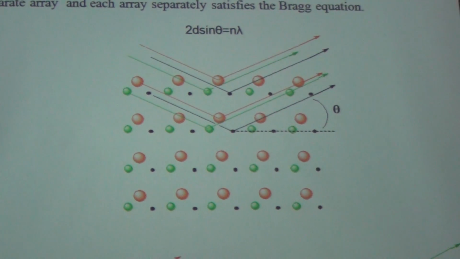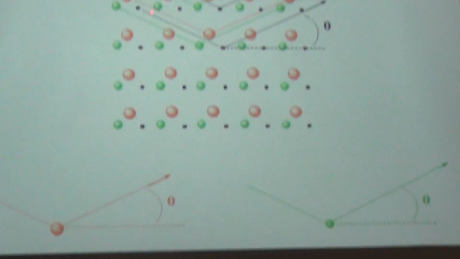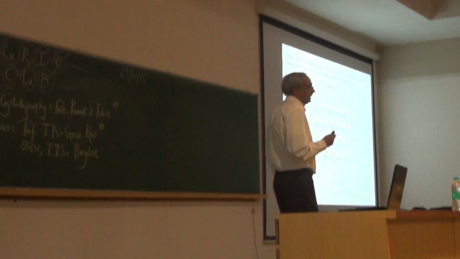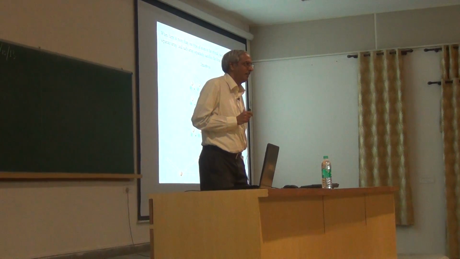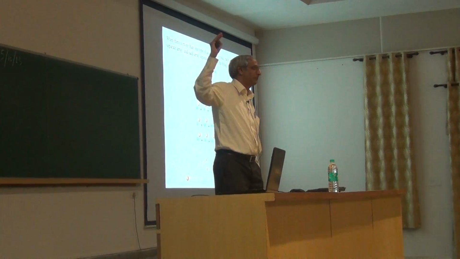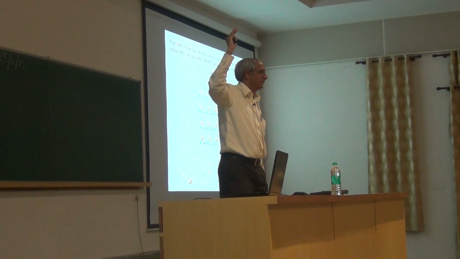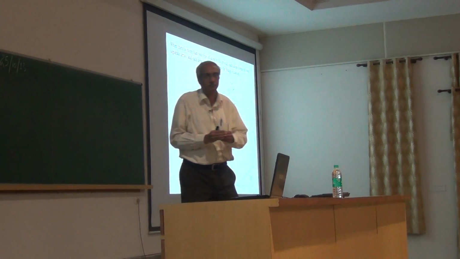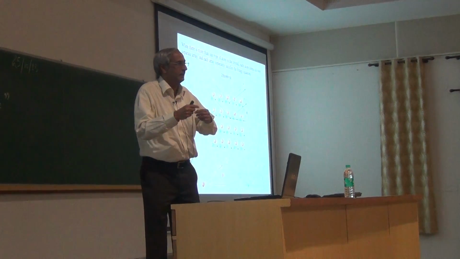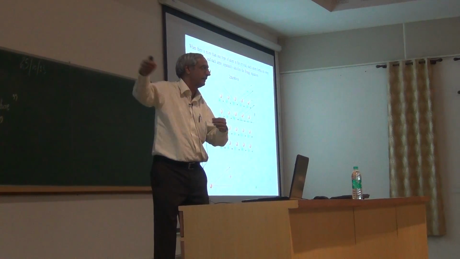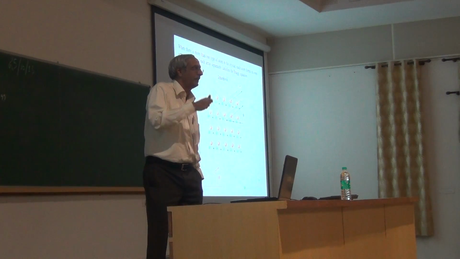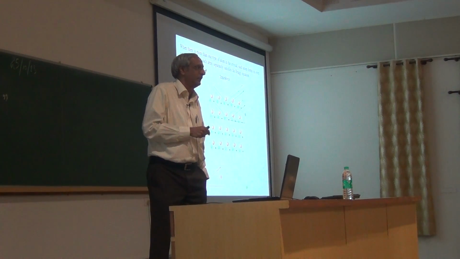You see that these small black dots are the ones which represent what we call the reciprocal lattice points. And these points are nothing but the planes. The representation of the plane is in the form of a point, because now we represent the plane as though there is a normal coming out of the plane, and we terminate that normal at a distance which is 1 divided by the d-spacing of that particular plane.